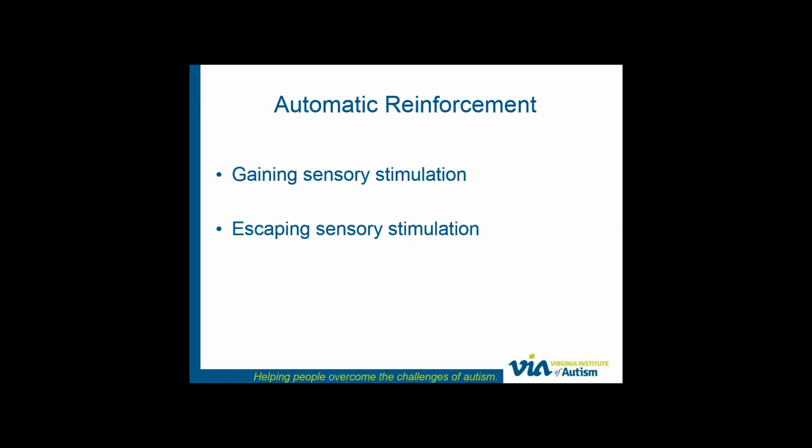The second piece of automatic reinforcement is escaping sensory stimulation. So what do we do when we have a migraine? We take a medicine, some pills, to escape that sensory feeling, right? It is sometimes very difficult with kids to tell whether there's a sensory escape function. But for example, if a child has severe sinus allergies and they're hitting their head, that may help them relieve that feeling.